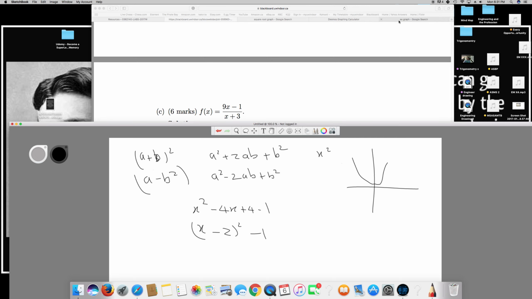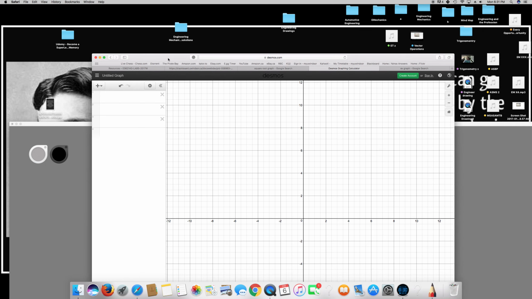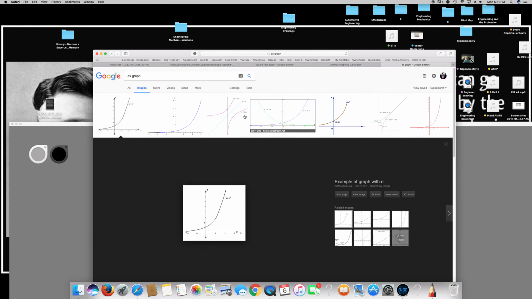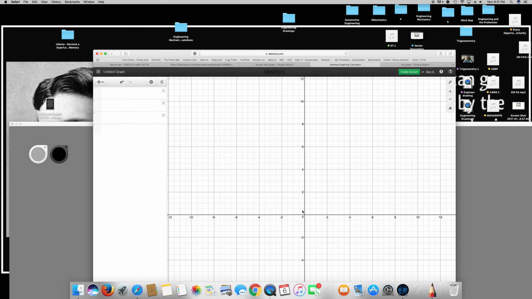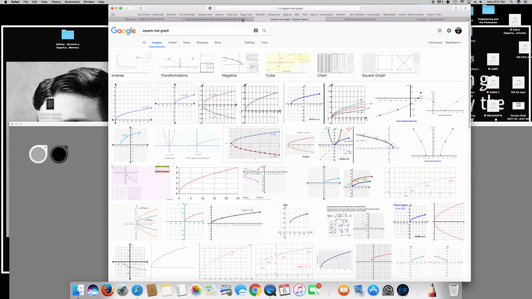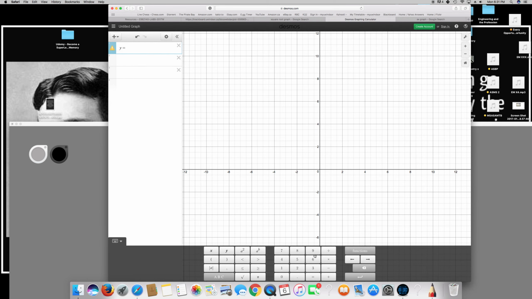If you imagine, let's find the graph for this one. Okay, I'm going to draw the graph for this one. So y is equal to 9x minus 1 over x plus 3.